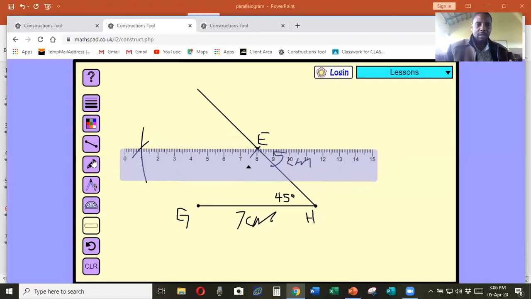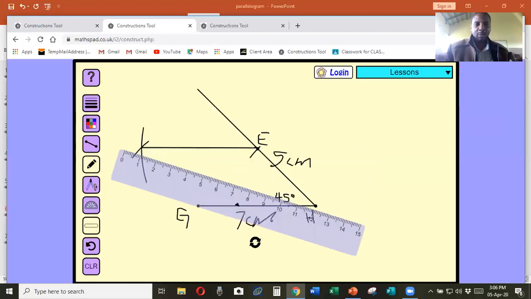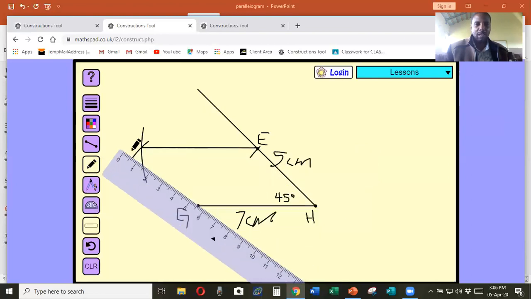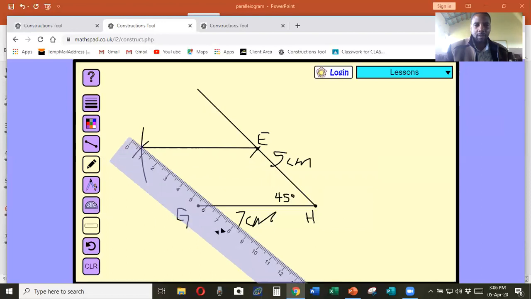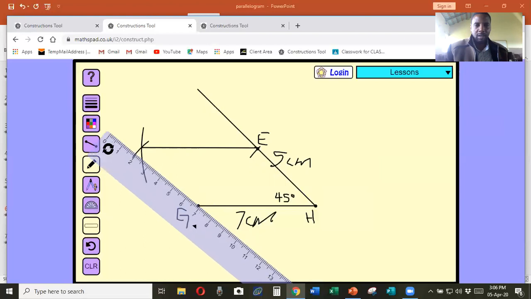So now I join with a ruler from this point. I join there. Then I also join this point here. Remember, the new point that we're getting is point F. Joined there.